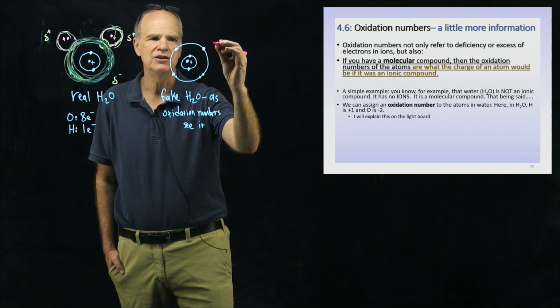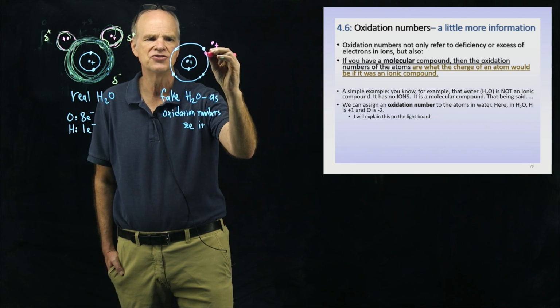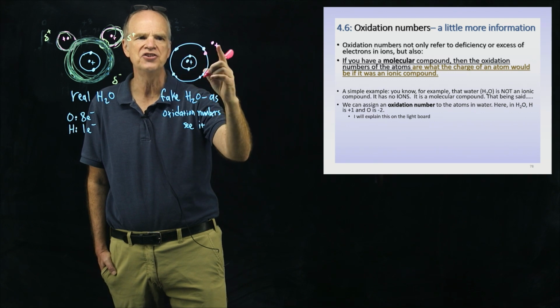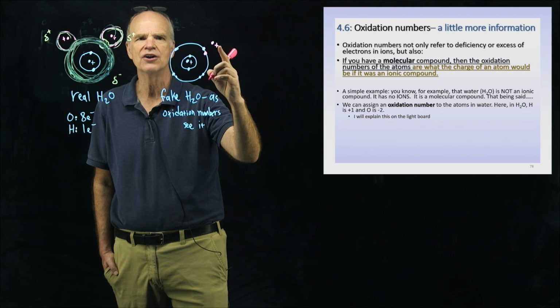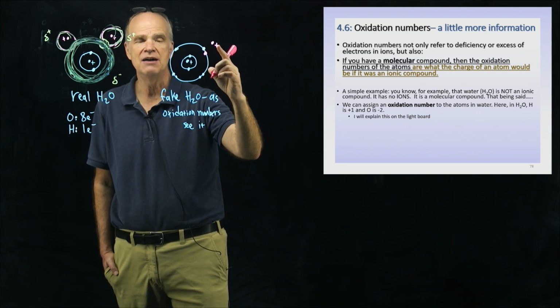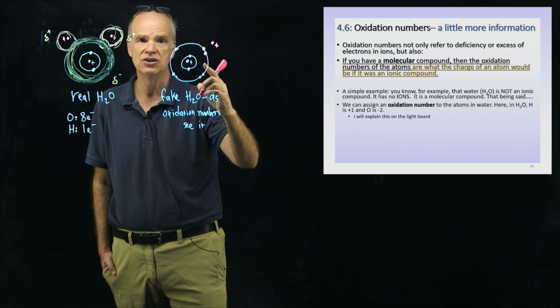So here is hydrogen's nucleus, and then here is hydrogen's electron. And so I'm putting it with oxygen, and this makes the point that in the redox picture of water, when we're thinking about oxidation numbers, we imagine that the electron completely leaves hydrogen and goes to oxygen.